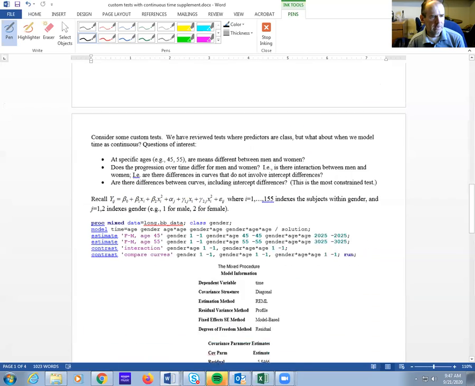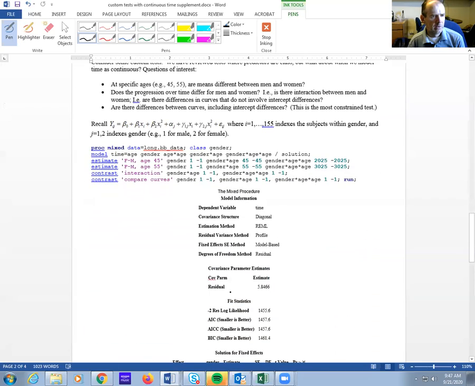The question though is, if there are specific estimates or contrast statements that you want to write, now that we have continuous age, how do those compare to the previous approach that we did? We actually have one class variable, gender.